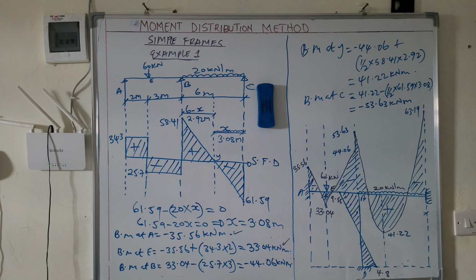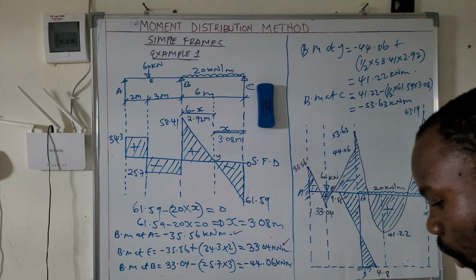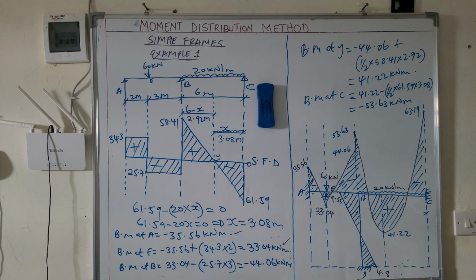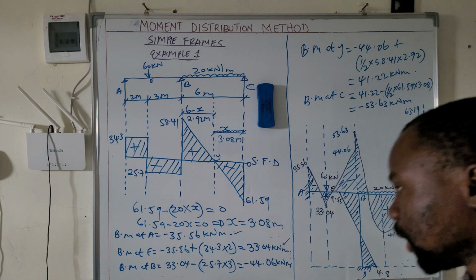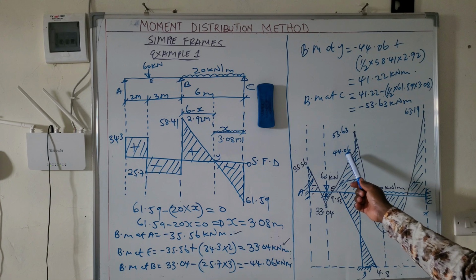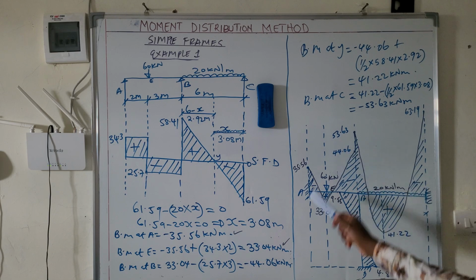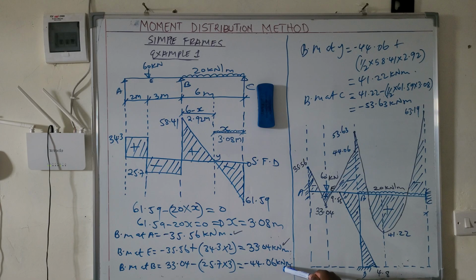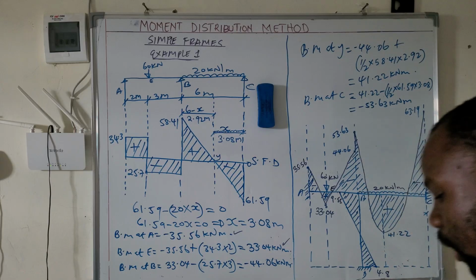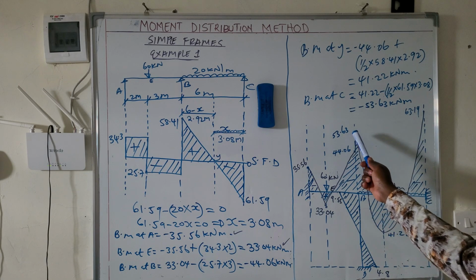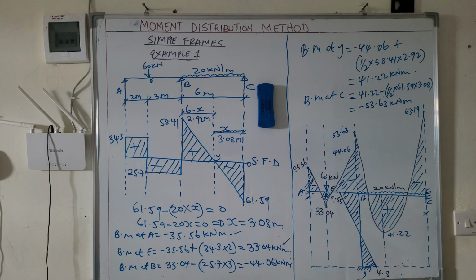You proceed to point B. At point B, we had three moments. If you check our table, we had 44.06, which was positive. Again, we had negative 53.63. It is along this line. And then we had 9.55.